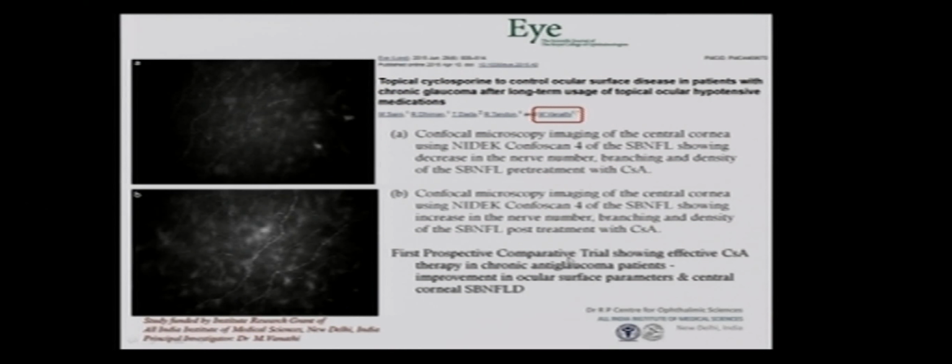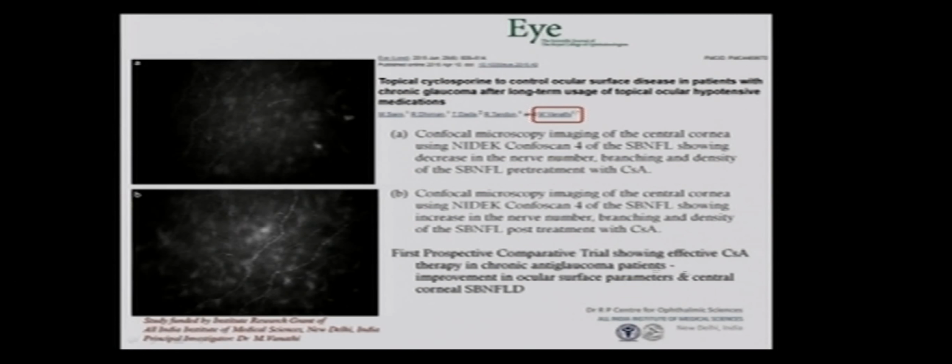So we did a molecular level study. We did an in vivo confocal microscopic, prospective comparative trial, where we looked at a group of patients before and after cyclosporin therapy in ocular surface disease due to chronic anti-glaucoma therapy, and we imaged their subbasal nerve fiber layers to look at the counts and the amount of fibers.